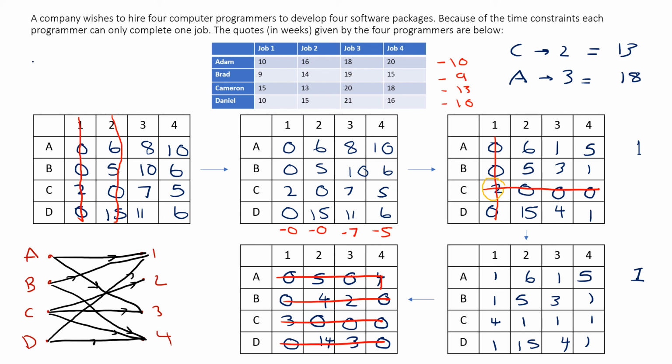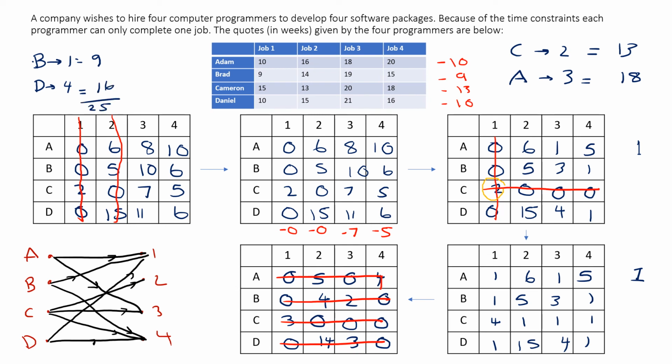So if Brad does job 1 and if Daniel does job 4, then the time for that will be 9 and 16 for a total of 25.